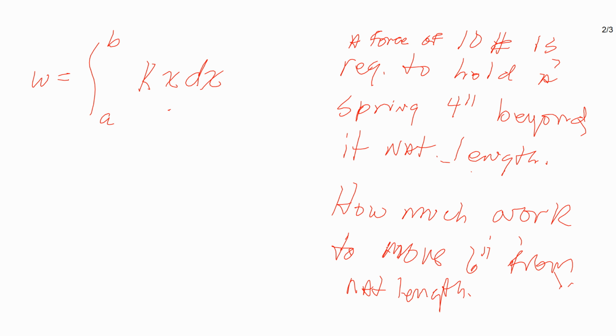All right, so 10 pounds, that'd be our force. I'm just going to draw a little line here. 10 pounds is equal to K times 4 inches. Well, 4, you got to put that over 12.